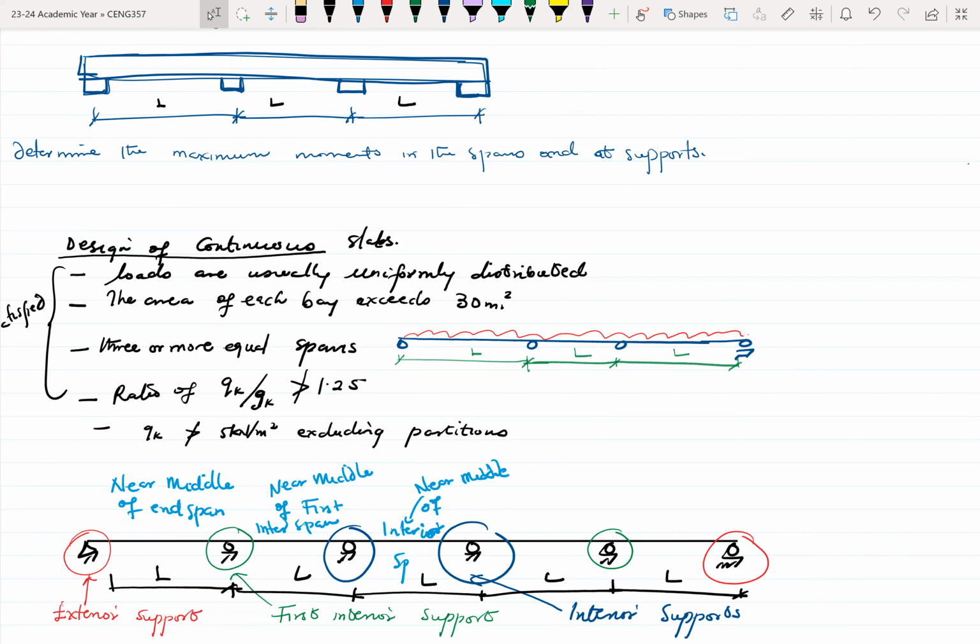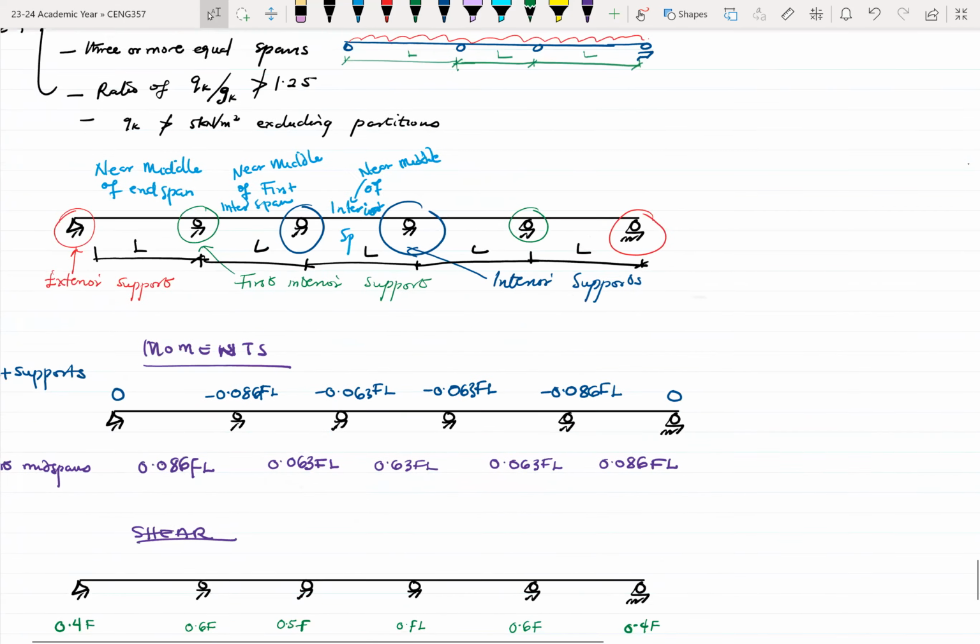So take a note, in cases where the spans are not equal or where the criteria above is not satisfied, then it means that we need to do a comprehensive analysis of the structure.